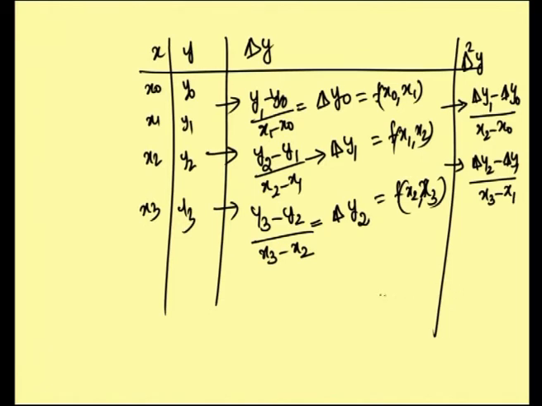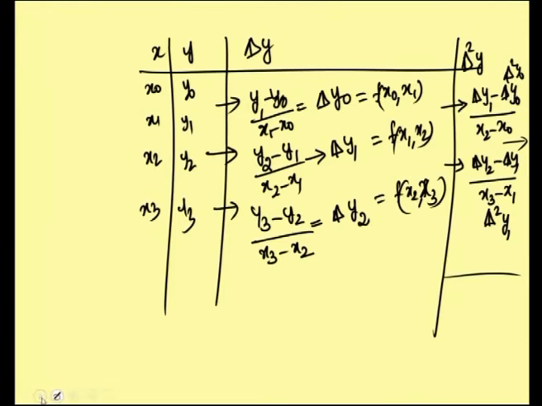In another tabular column, we have del cube y, that is del square y1 minus del square y0 divided by x3 minus x0.